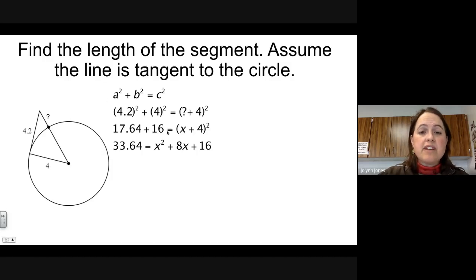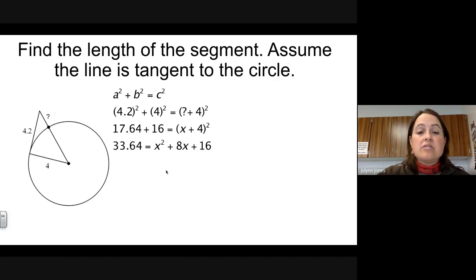So once we simplify this out, now I've got 17.64 plus 16 equals the quantity x plus 4 squared. Now, when you multiply this out, you can use an area model or the distributive property twice, but you're going to end up with x squared plus 8x plus 16.